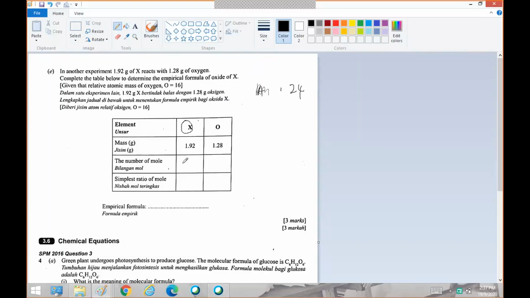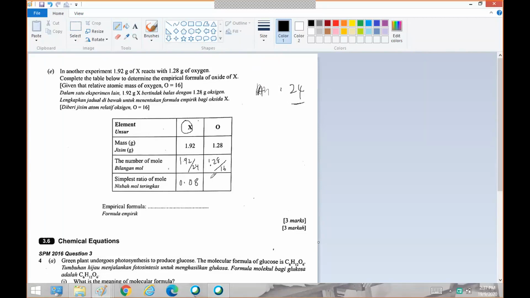And the number of moles therefore is 1.92 divided by 24. Here it will be 1.28 divided by 16. Calculation time. 1.92 divided by 24, I've got 0.08. It should be the same, but let's see. 1.28 divided by 16, 0.08.